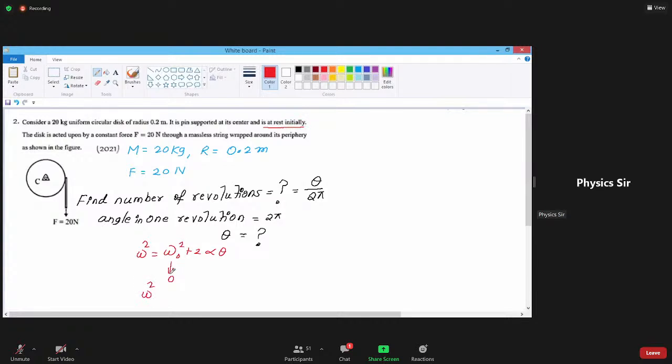It means omega squared is 2 alpha theta, or theta will be omega squared by 2 alpha. So now the question is whether I know this omega, whether I know the omega squared.